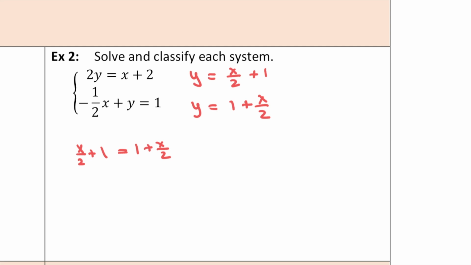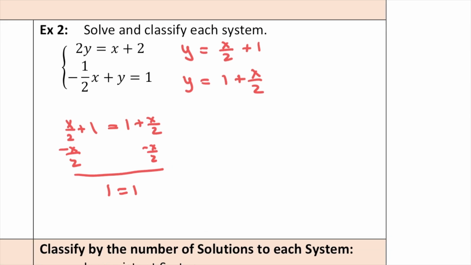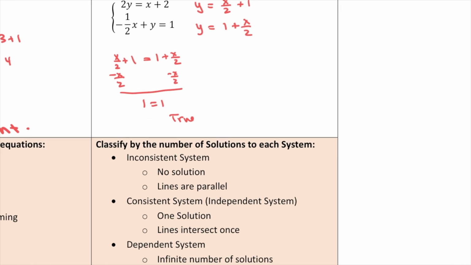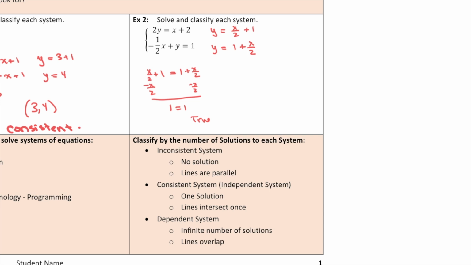Move my variables to one side. If I subtract x over 2, the x's will be eliminated. I'm left with 1 equals 1. So 1 equals 1 is a true statement, but my x's have been eliminated. This tells me that it is a dependent system because my lines overlap.